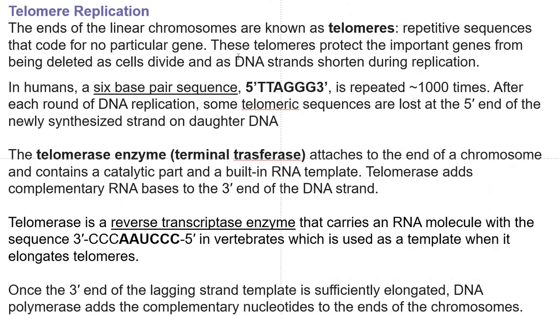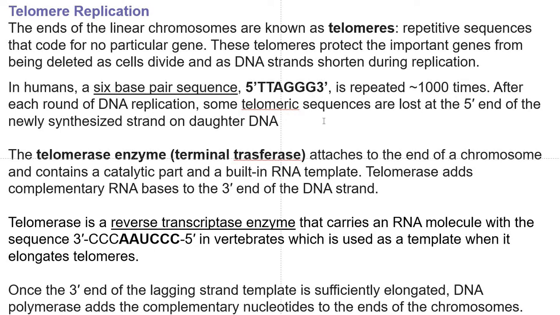Okay, so here is telomere replication. Telomeres are the ends of the linear chromosomes. These are repetitive sequences. They do not code for anything, because their main important function is to avoid the shortening of DNA during replication. In humans, the telomere is a 6-base pair sequence, TTAGGG.